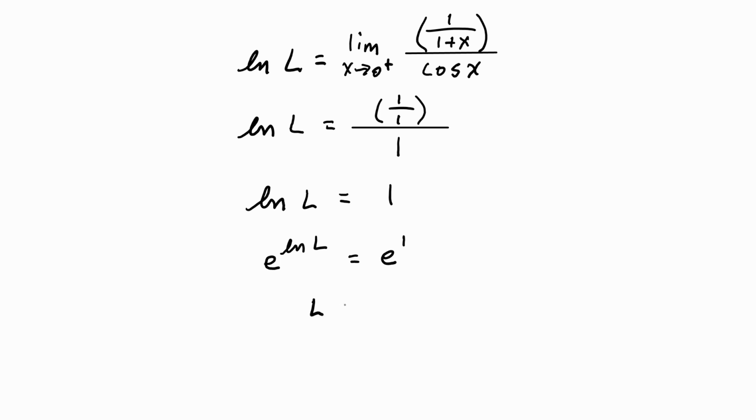So we know that L is equal to e, and way back at the beginning of the problem, we had defined L to be the limit as x goes to 0 from the right of 1 plus x to the cosecant of x. And we now know that that is equal to e.